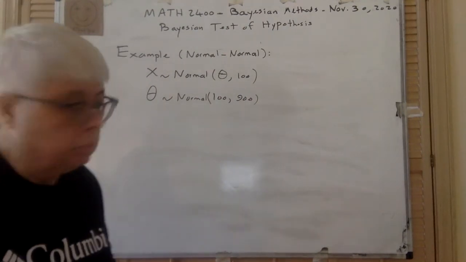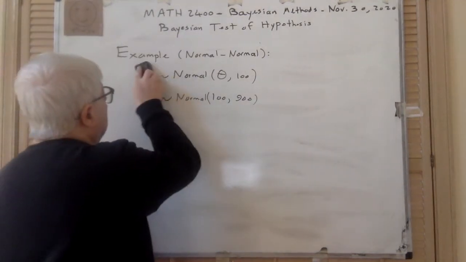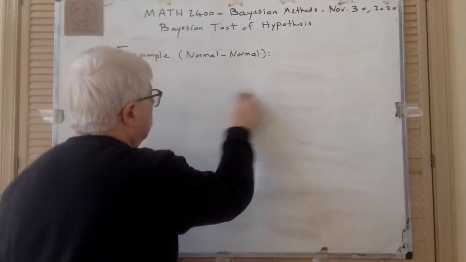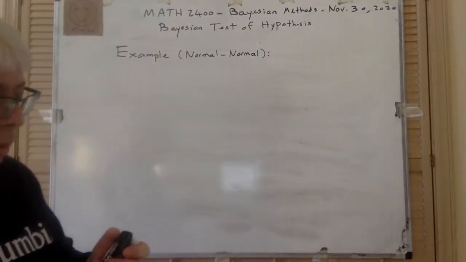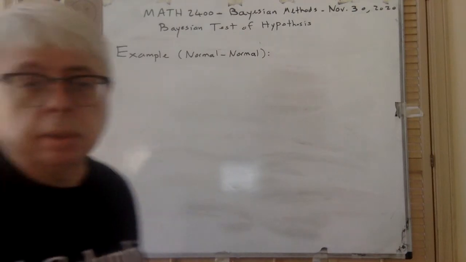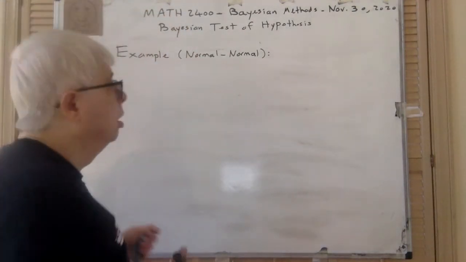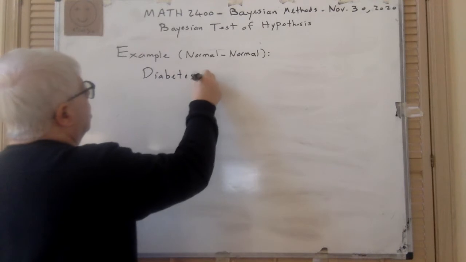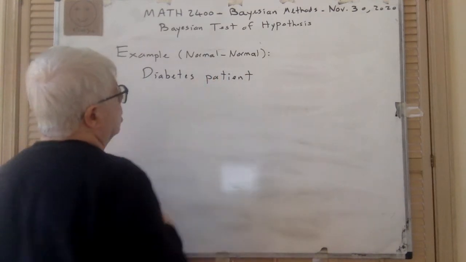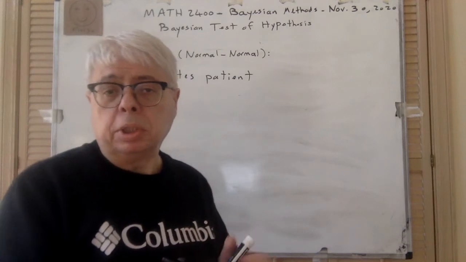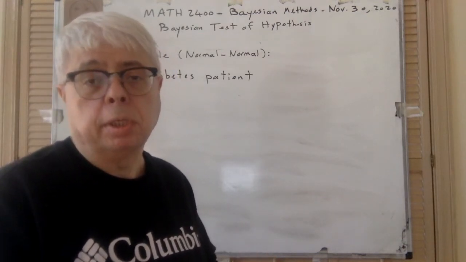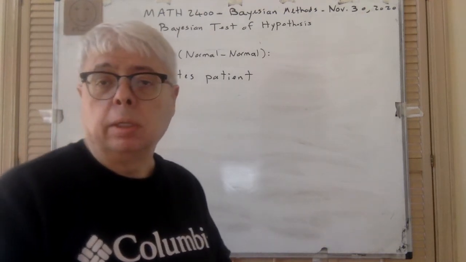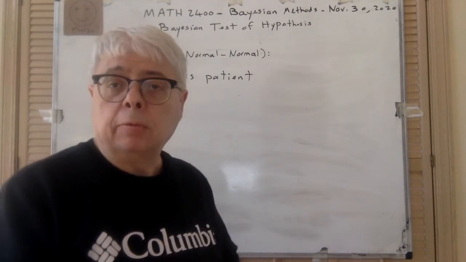Let's say that someone has diabetes. These people check blood sugar a few times a day, and one is in the morning when they wake up, and then after they eat breakfast.